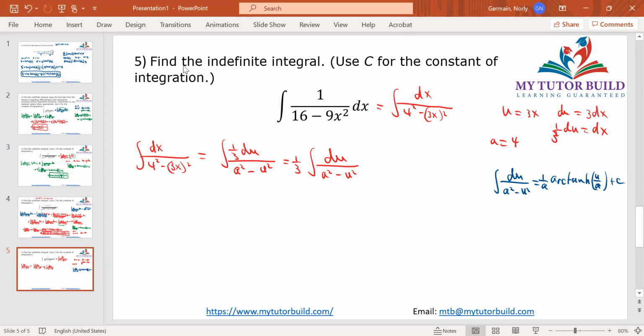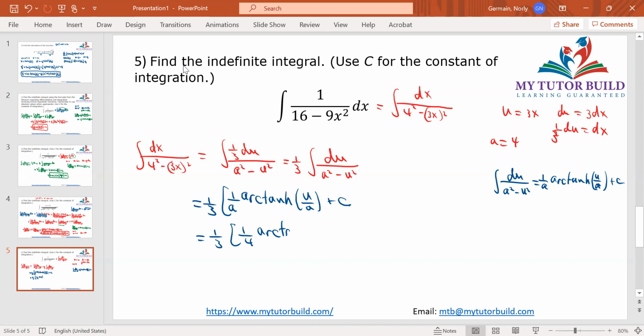So when we see this one, we said that we have a 1/3 outside, 1 over a arc hyperbolic tangent u over a plus c. But we know what a and u are. So 1/3, 1 over 4 arc inverse hyperbolic tangent.